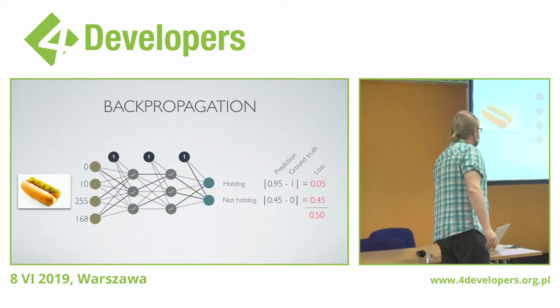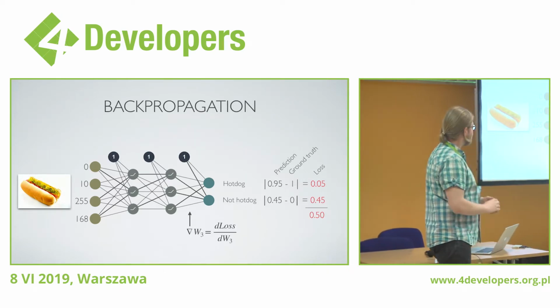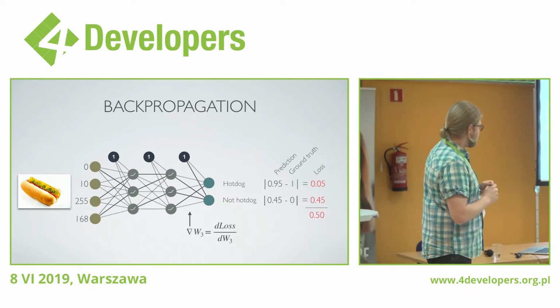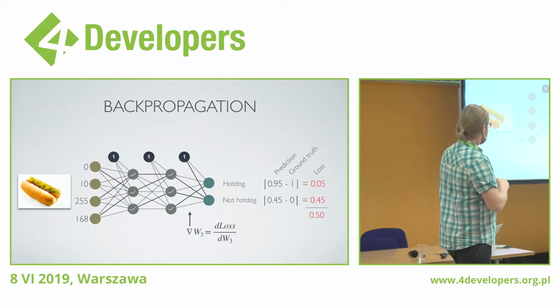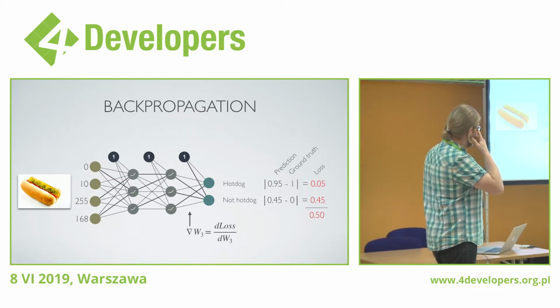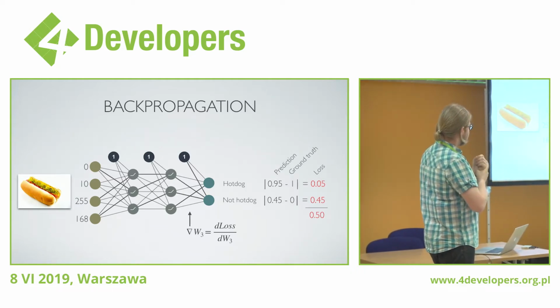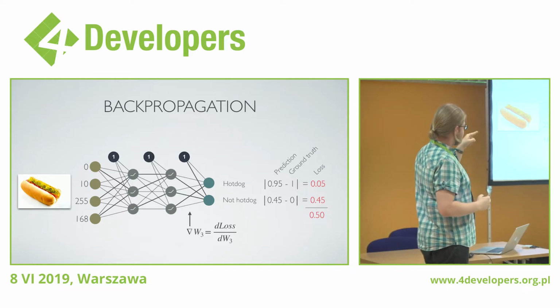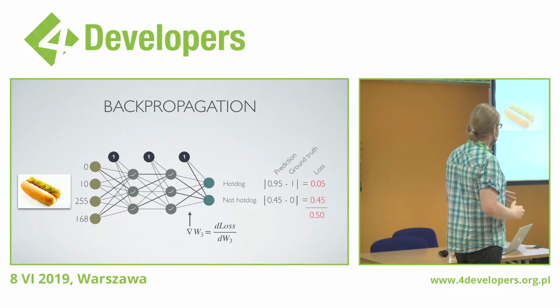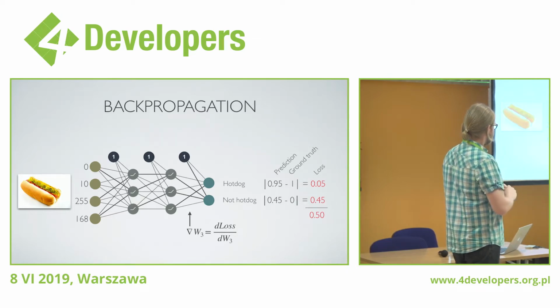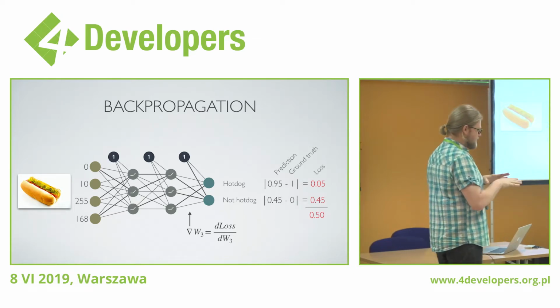We know the loss, and now we can calculate the derivative of the loss in terms of these weights. So we know how much we need to adjust these specific weights and in which direction we need to adjust these specific weights to decrease the value of the loss.